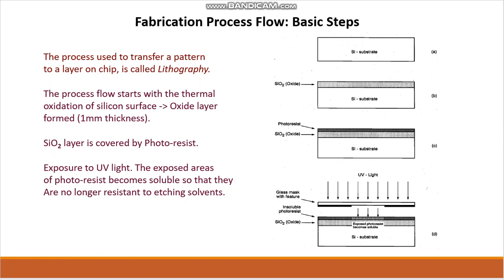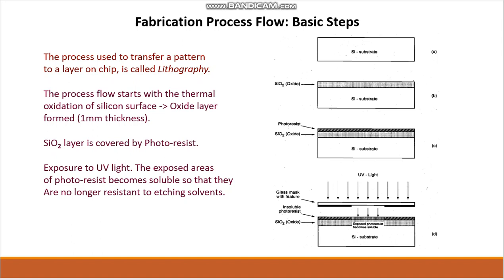Along with that, if we want to make any kind of dielectric material, silicon would be the best one for providing the dielectric material at lower cost compared to other materials.